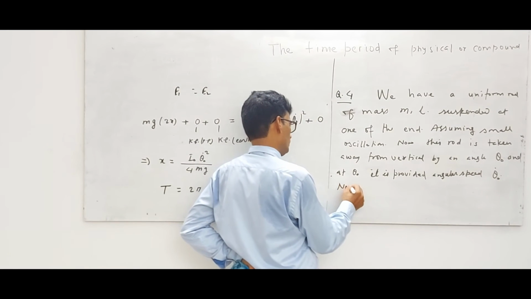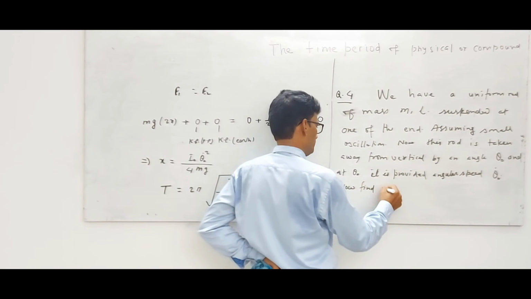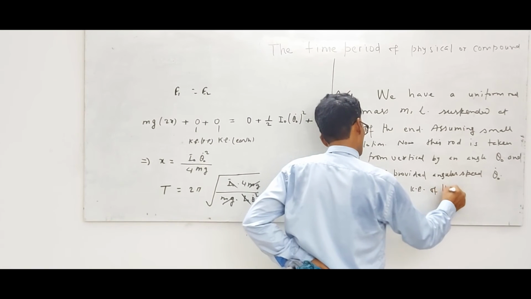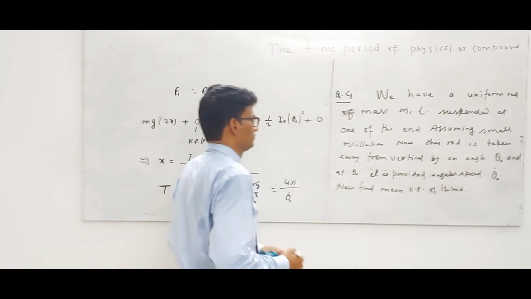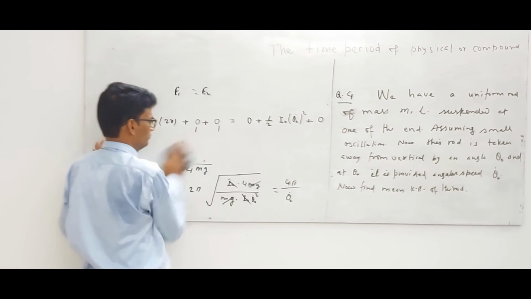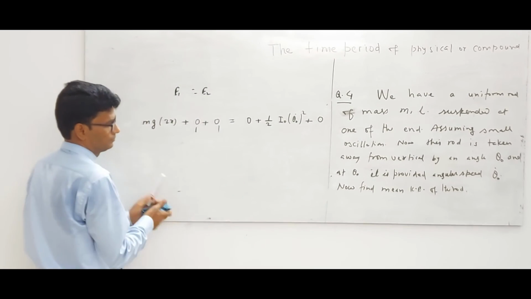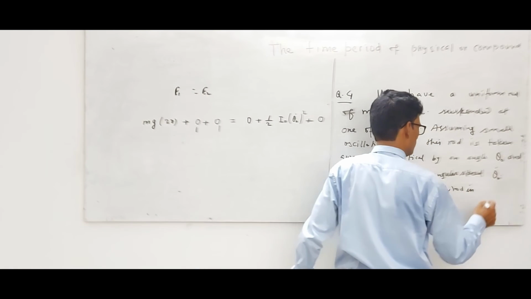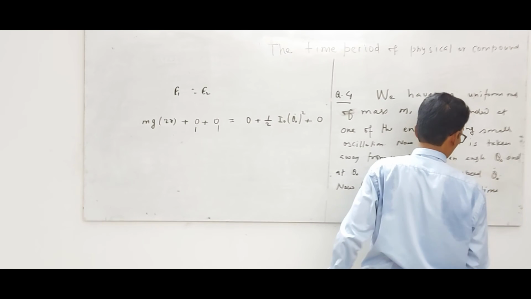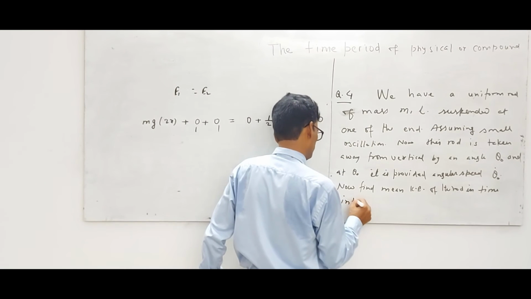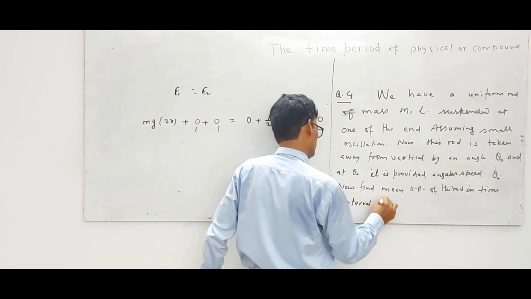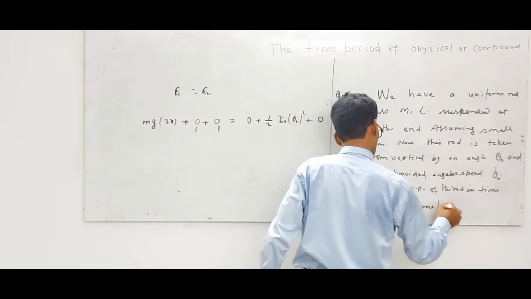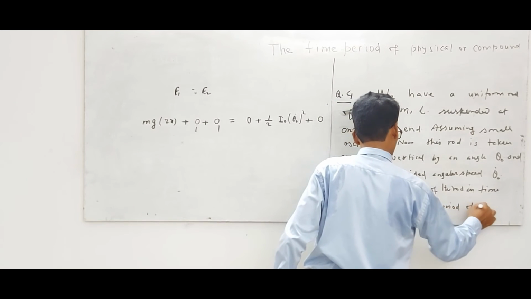Now find the mean kinetic energy of the rod in a time interval of one time period of a small oscillation.